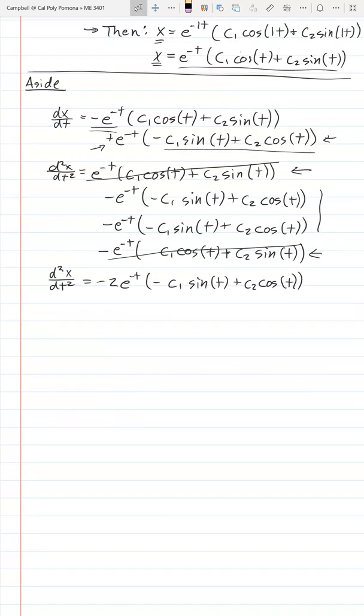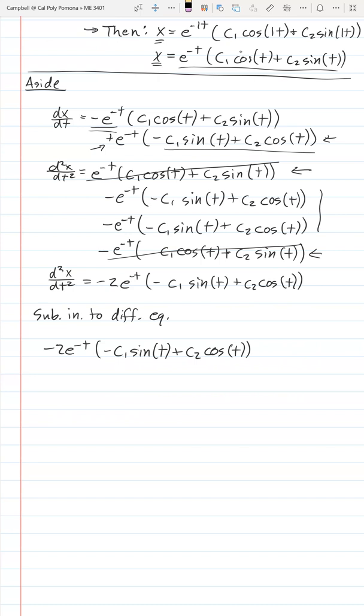So now let's go ahead and substitute into the differential equation. So substituting into the differential equation, we get negative 2e to the negative t times negative c1 sine t plus c2 times cosine t.